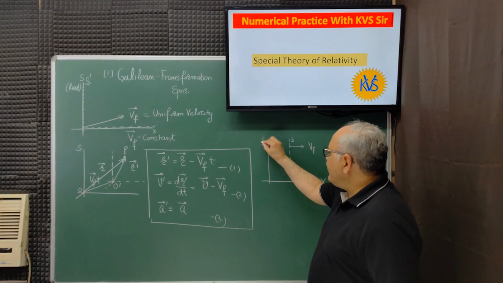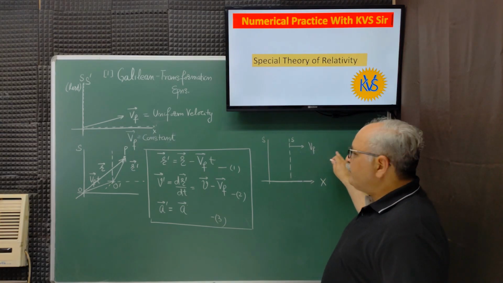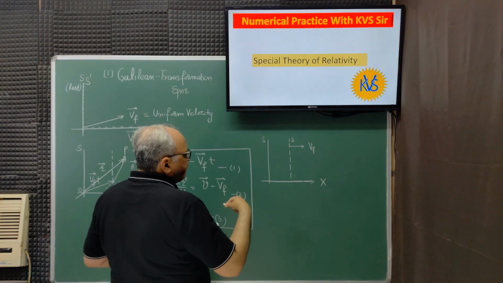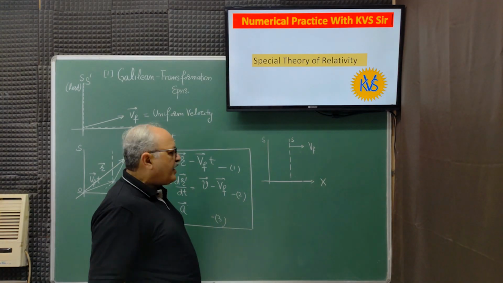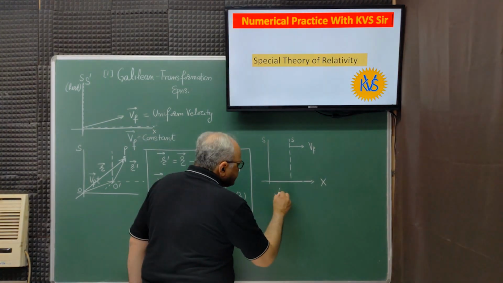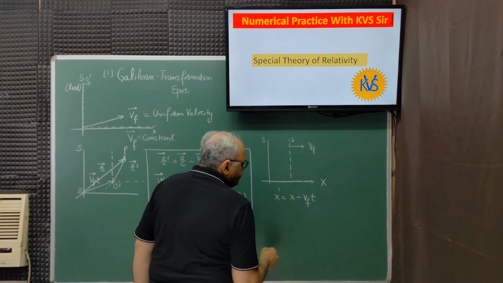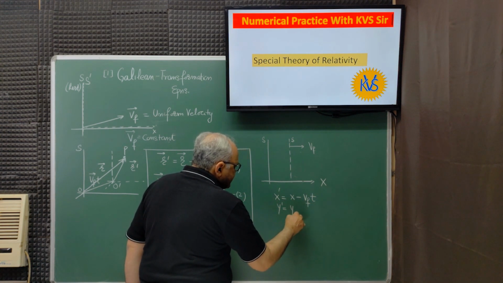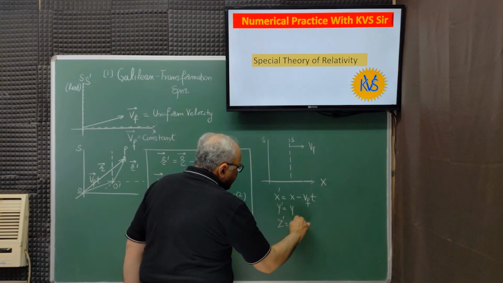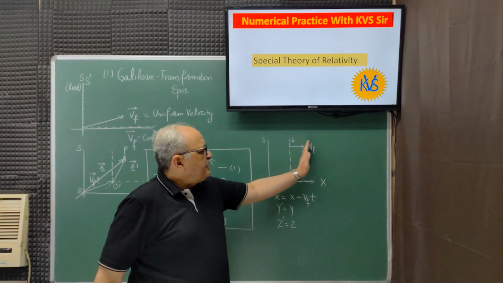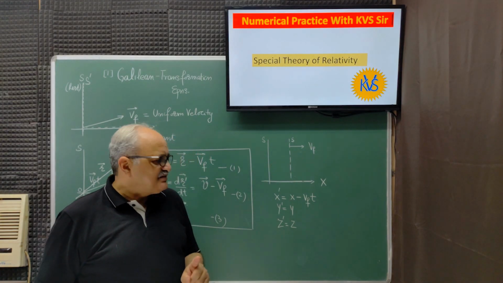This is my frame S and this is moving along the x-axis. Now these equations can further be simplified in terms of the coordinates as x dash equals x minus Vf into t, y dash will remain as it is, z dash will remain as it is. Reason being, this motion is purely along the x-axis.